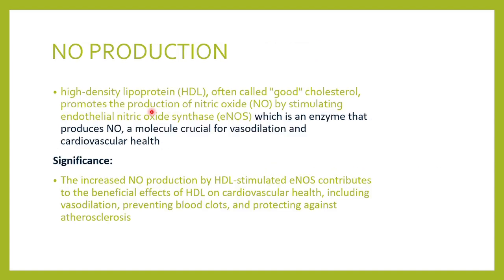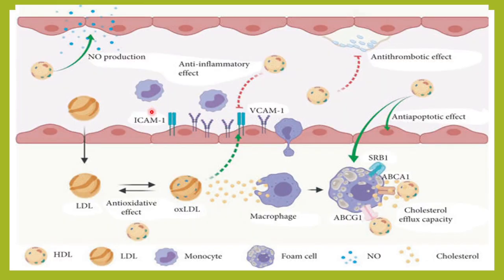So nitric oxide production I have told you, because this nitric oxide is very important for vasodilation and cardiovascular health, and this increased nitric oxide production by this HDL contributes to the cardiovascular health, including your vasodilation, preventing blood clots, protecting against atherosclerosis. So this is what I was telling. This is a nitric oxide production. Here this is an anti-inflammatory action by preventing the adhesion molecules.